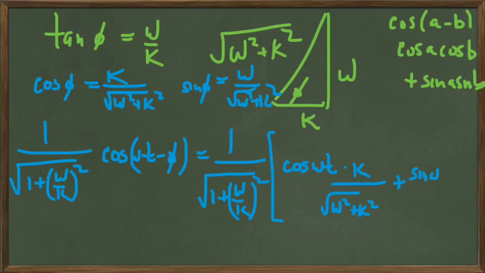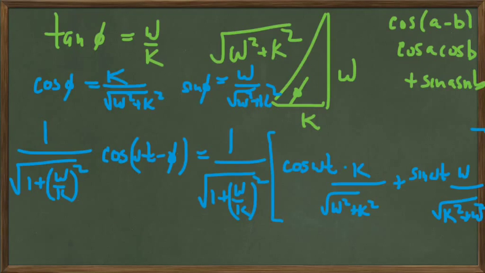So that's sine omega t, and then sine phi would be, as we showed, omega over square root of k squared plus omega squared. So you can see how it's shaping up now to look like the other form.